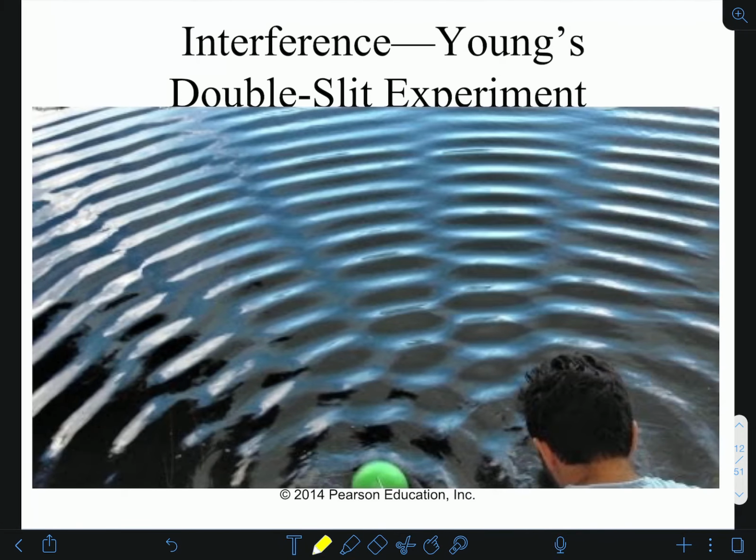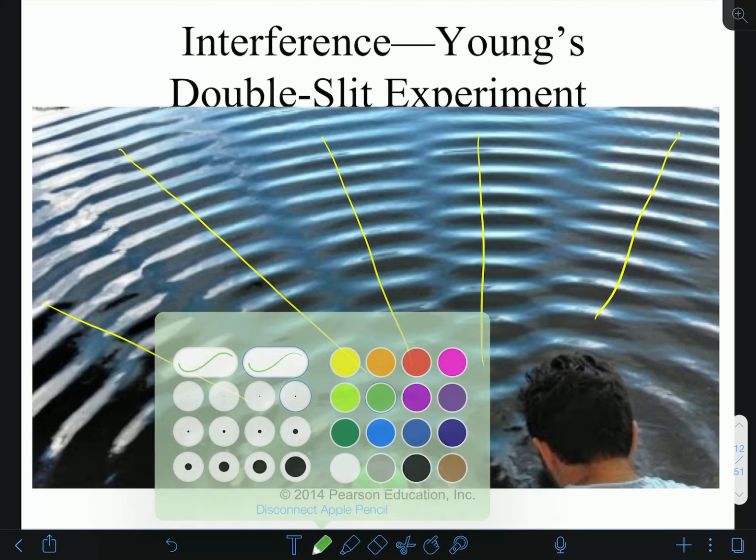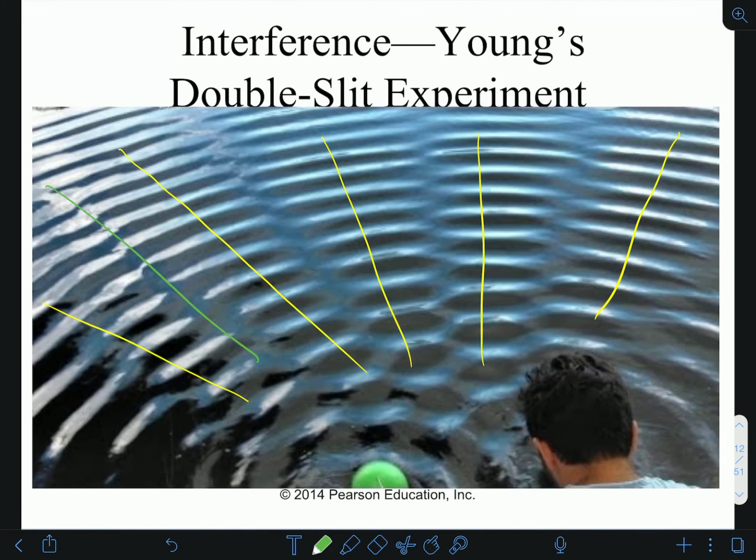So if we look at this image of the water, where the water is simulating the same interference that we see with the light and the double slits, notice that there are parts where the amplitude is highest. And then we also see places where the wave just completely cancels out.